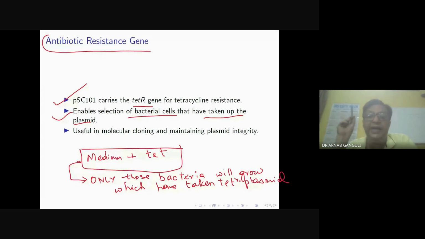The others will die, and therefore it is very important. So you are very sure that your bacteria contain the plasmid which may contain your gene of interest, and therefore it is useful in molecular cloning and maintaining plasmid integrity.